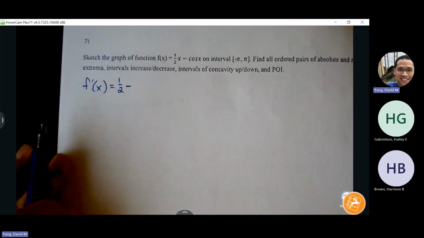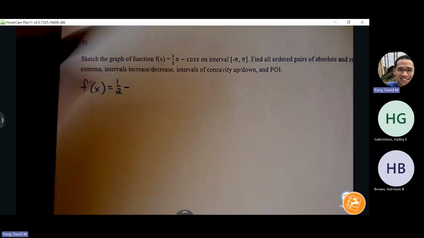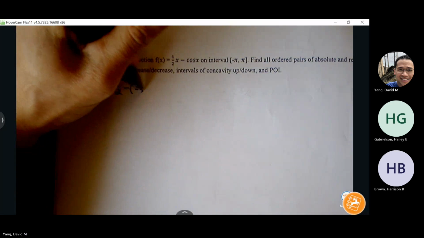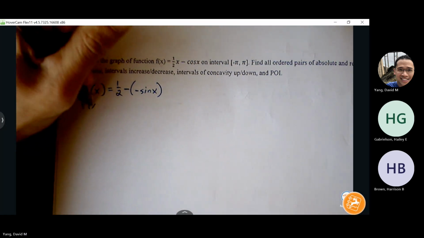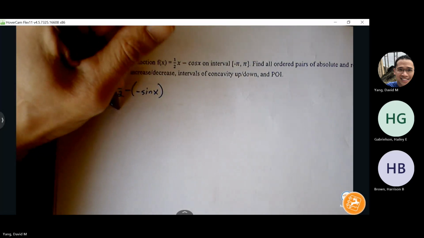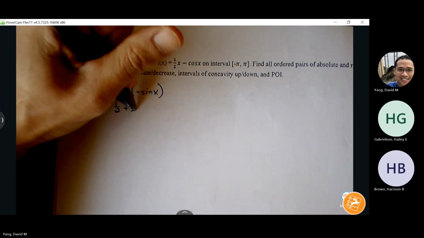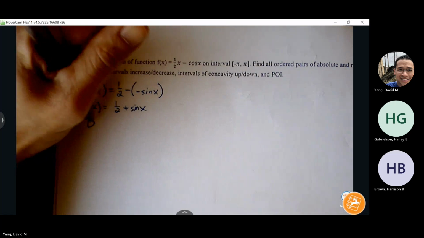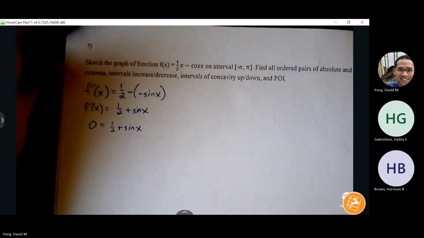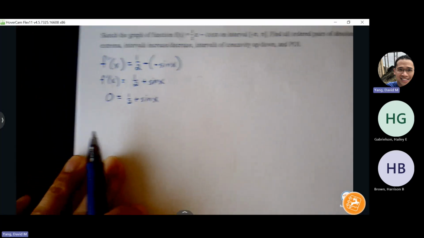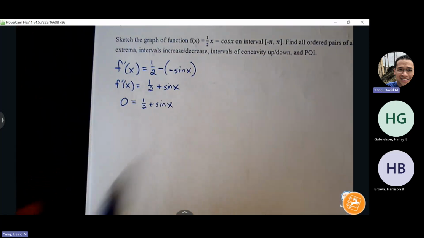One half x becomes 1/2. Cosine becomes a negative sine. To find our critical points, we set f prime equal to 0.